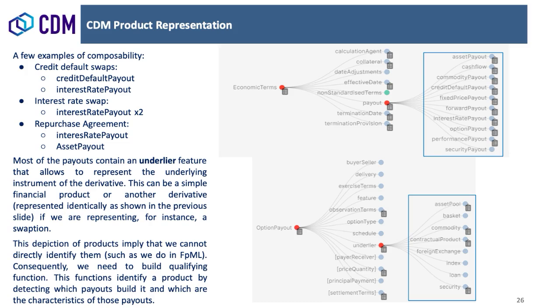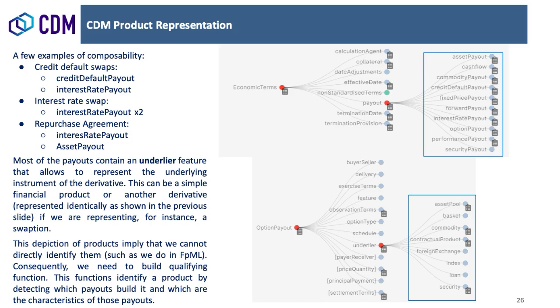And this is very powerful because, as part of the CDM, what you're getting is a set of functions that at the end are a product classifier. So we have within the CDM a product classification, because the functions that classify products can be seen as simply a tool that is able to classify products for you using the CDM.